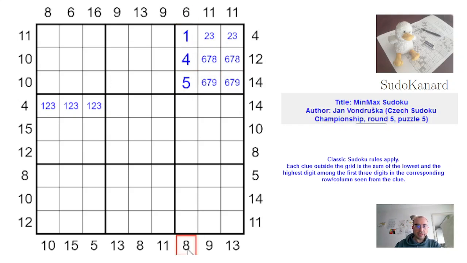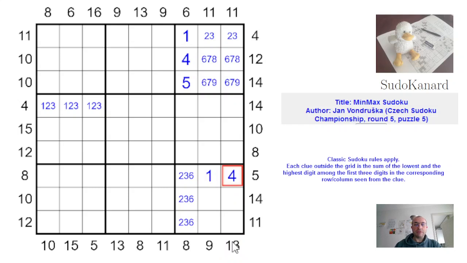Now looking at this, 8 can now only be 2 plus 6 with 3 as the middle digit. That's interesting because now 5 can't be 2 plus 3, it can only be 1 and 4. And 1 can't be inside this column for the same reason as before. So this is 1, this is 4.